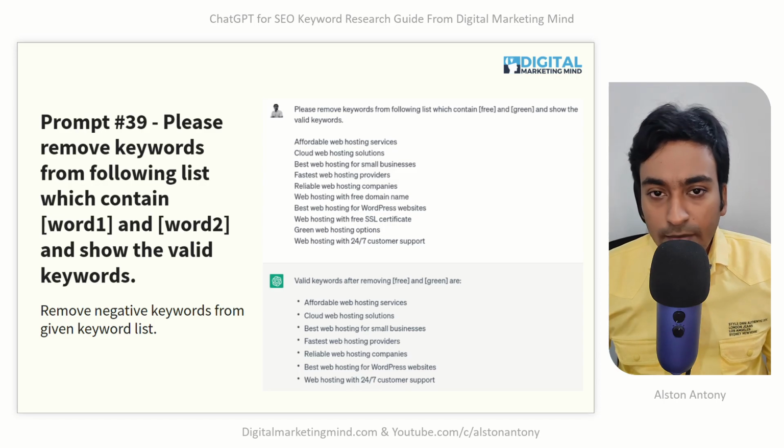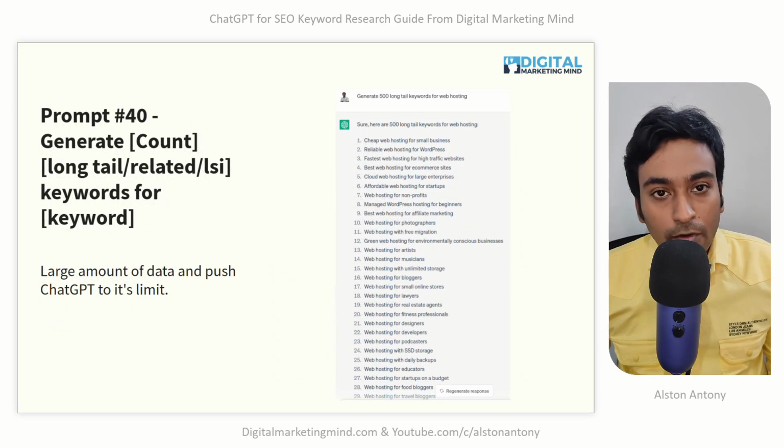You can ask ChatGPT to remove those keywords for you, so you don't need to do it manually. When you provide the words you want removed, ChatGPT will automatically remove all those keywords and give you the list with only the remaining valid entries.